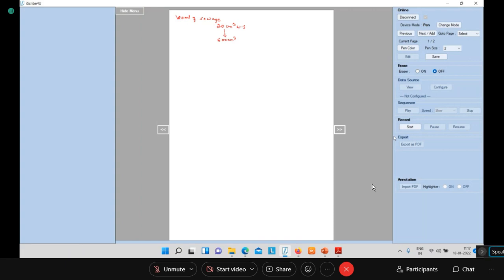Understood. Okay. Now this 600 cm cube water sample is divided into two parts. Just go on reading the problem. This is the first day and this is the fifth day. On the first day, when they determine the DO, how much sodium thiosulfate is consumed? 4.2 cm cube of N by 40.